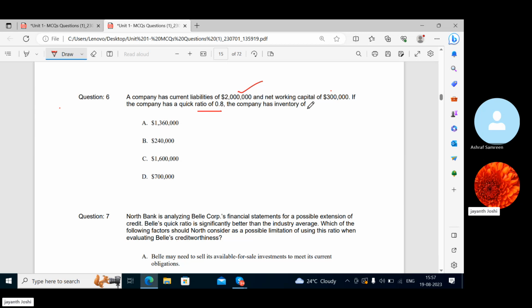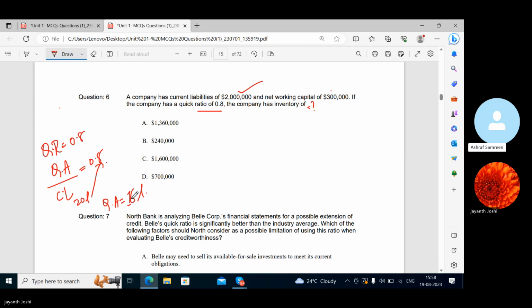Quick ratio is 0.8, inventory of how much they're asking, right? So we know that quick ratio is 0.8, that is quick assets by current liabilities. Now coming to current liabilities, it is 20 lakhs. If I take 20 lakhs here and cross multiply, quick assets would be 16 lakhs, right?